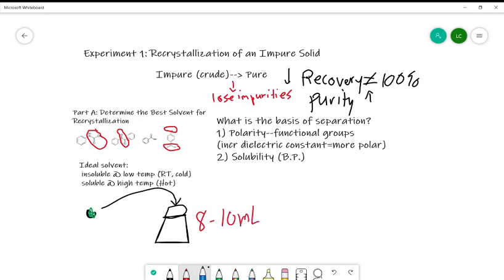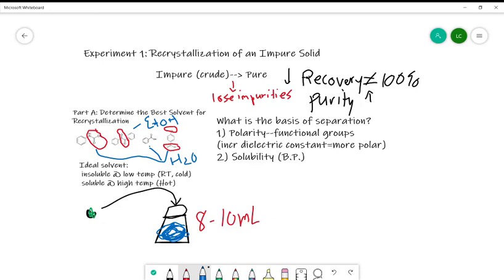So then you took whatever solvent you determined was best. Going back to that, because I didn't answer that, essentially we determined that for p-toluic acid, benzoic acid, and acetanilide, water was the best solvent, and you determined ethanol is the best solvent for benzyl.